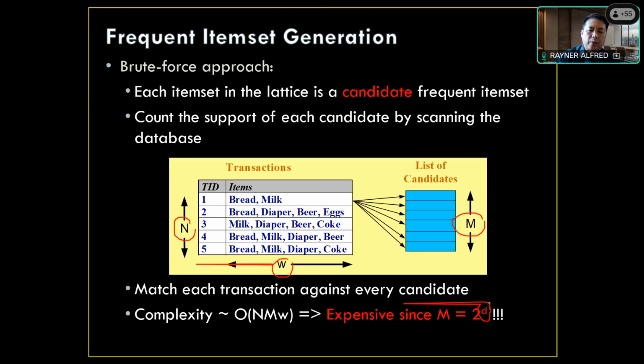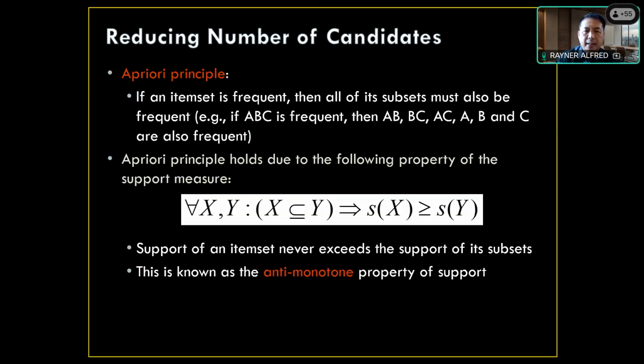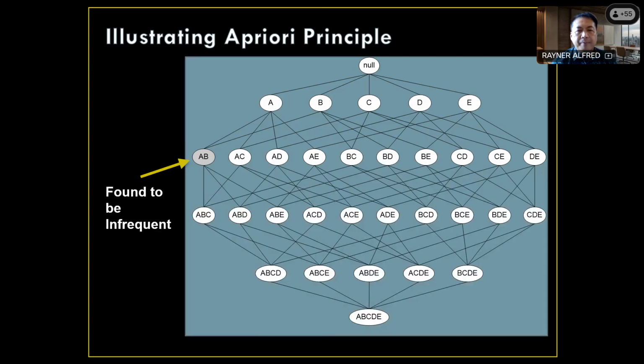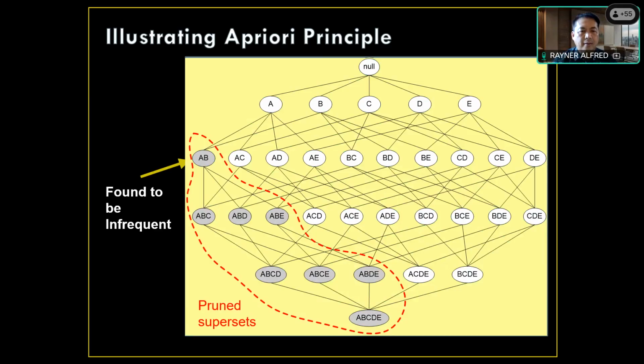Another way to avoid this is, when we have something up, we go here. If AB is found to be infrequent, meaning not frequent, meaning less than the minimum support value, we don't have to go through this path.